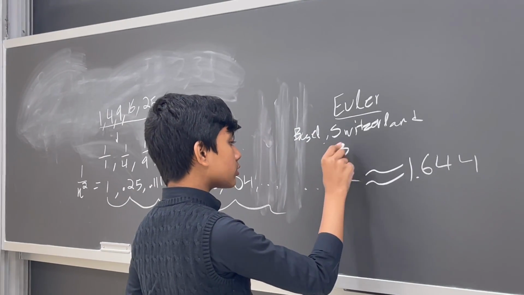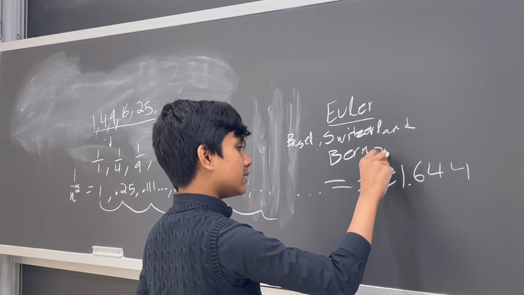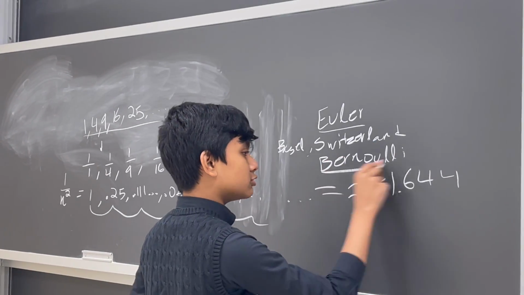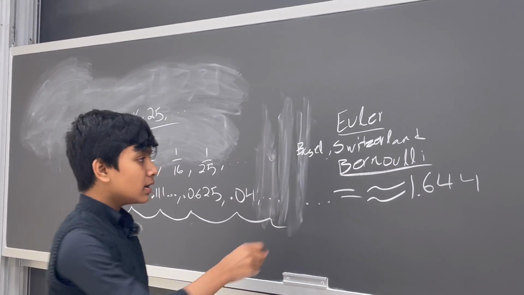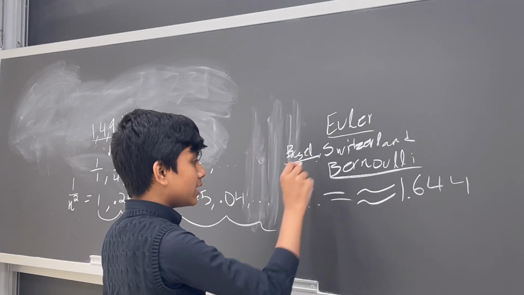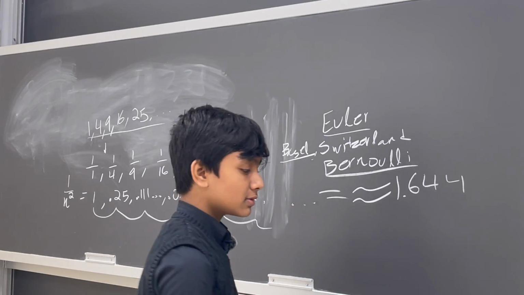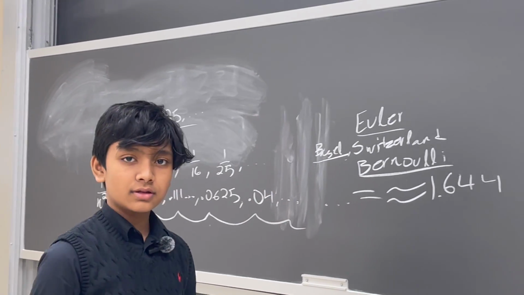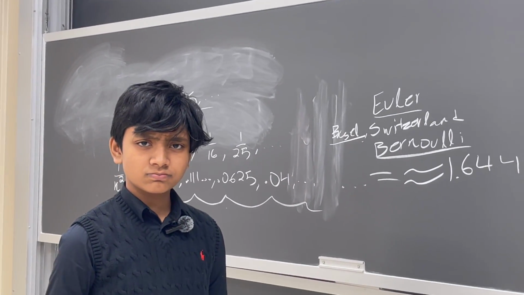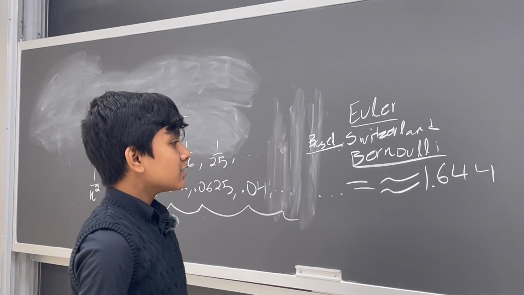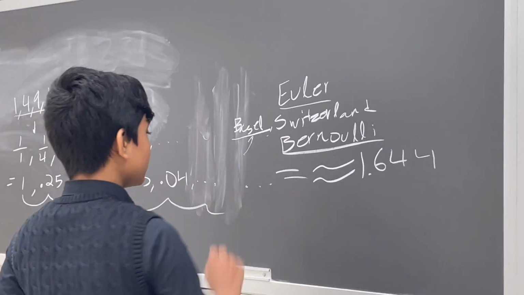The Bernoulli brothers, who both unsuccessfully attempted it, I'm so sorry to both Jacob and Johann, were both born in Basel as well. Dumb brothers. So, that's why it's called the Basel problem.